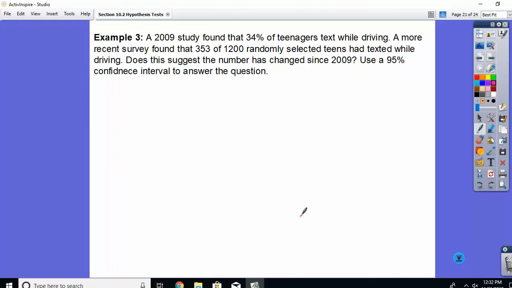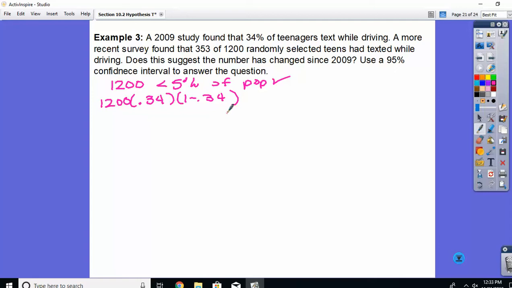Okay, we should always check our criteria on this. Would 1,200 be less than 5% of the population? Yeah. My n times p, what's my p? Times 1 minus p.